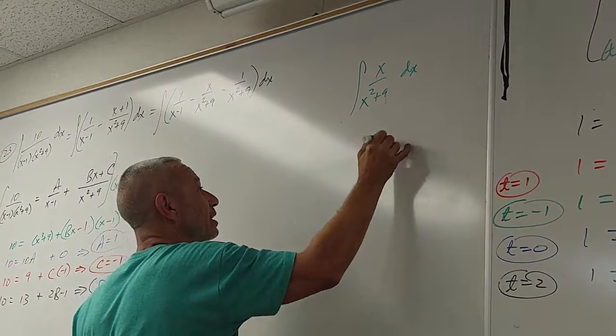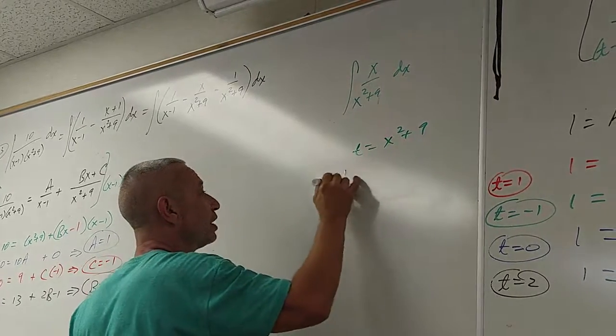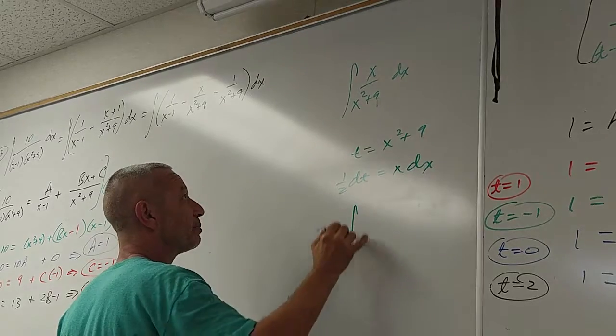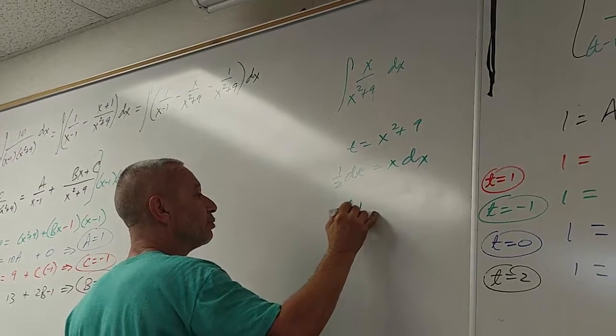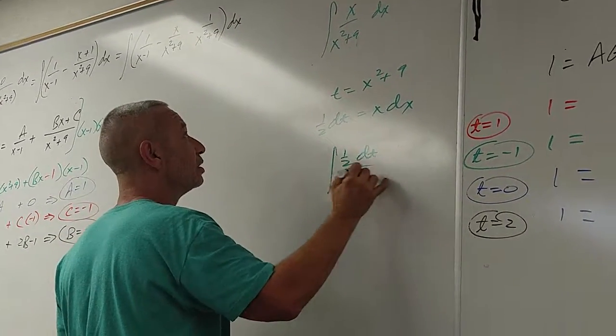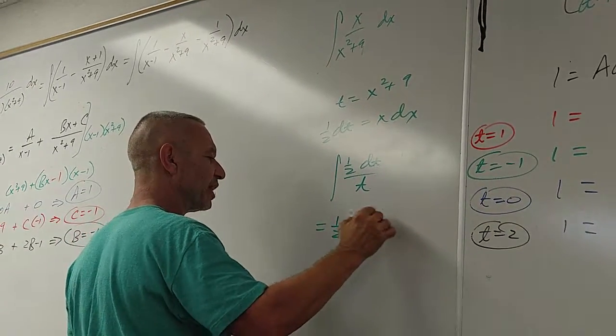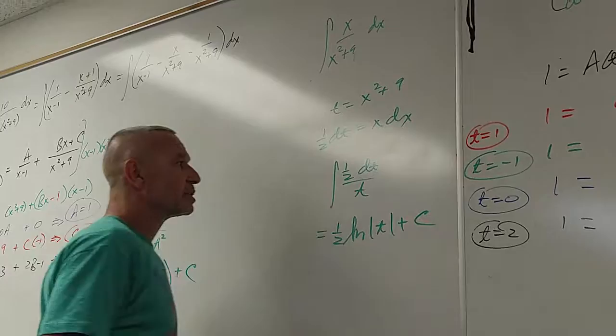You're going to let t equal x squared plus 9, so 1/2 dt is x dx. So that becomes the integral of 1/2 dt over t, which is 1/2 the ln of the absolute value of t, plus an arbitrary constant.